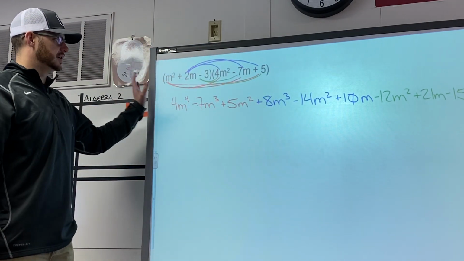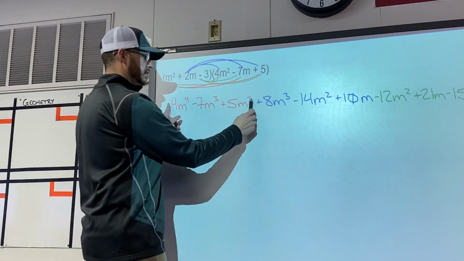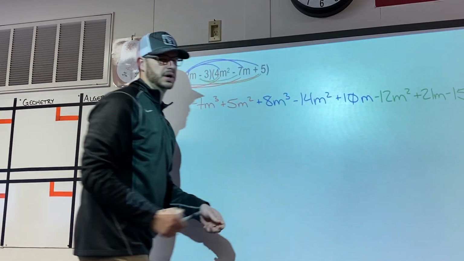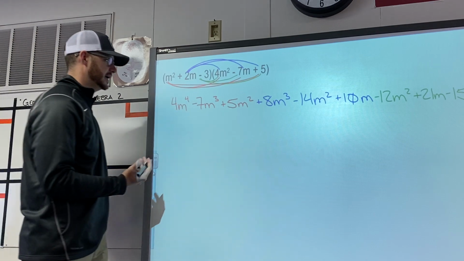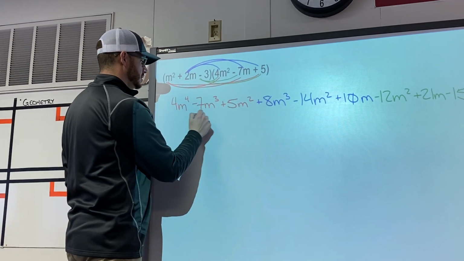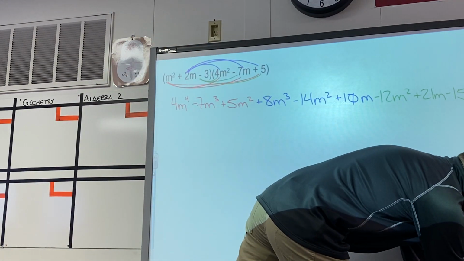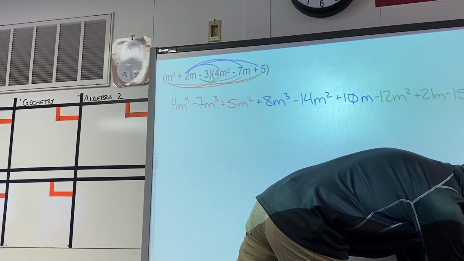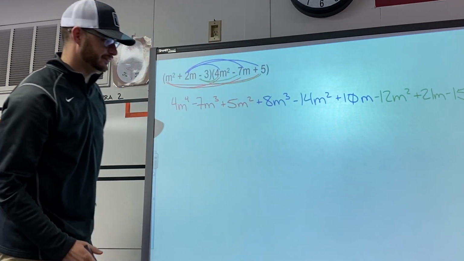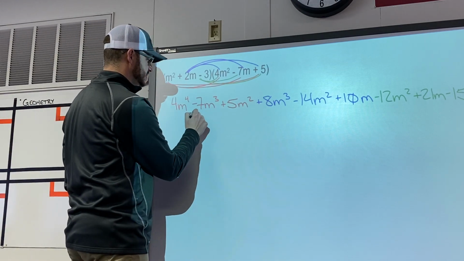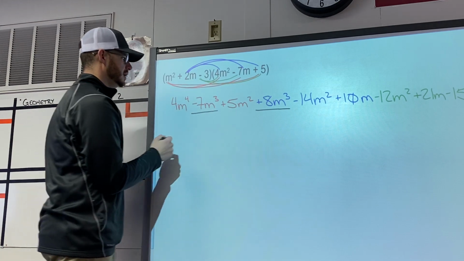So now that we've done all of our distributing, you see we have 3 trinomials that we're combining with addition or subtraction, but we can do it a little bit easier by just combining our like terms. So we've got a negative 7m cubed here, and we've got 8m cubed.